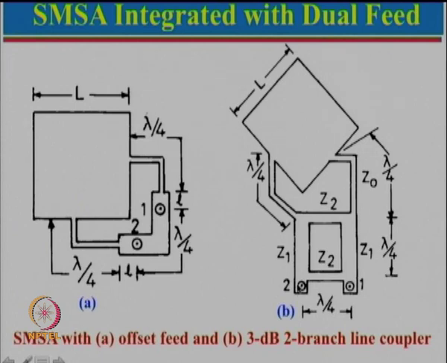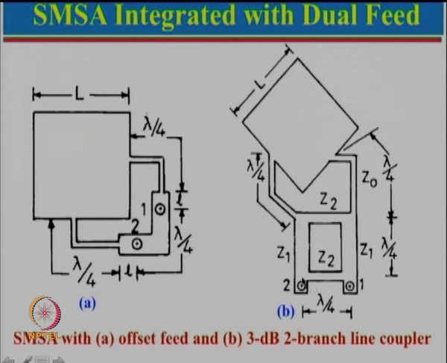Suppose I feed a power here, then part of the power will go here, part of the power will go to this side here, then this part of the power will go over here, and the rest of the part will go over here. Similarly, the power which is coming here, partly it will go there, partly it will come here. So, now let us see what happens.